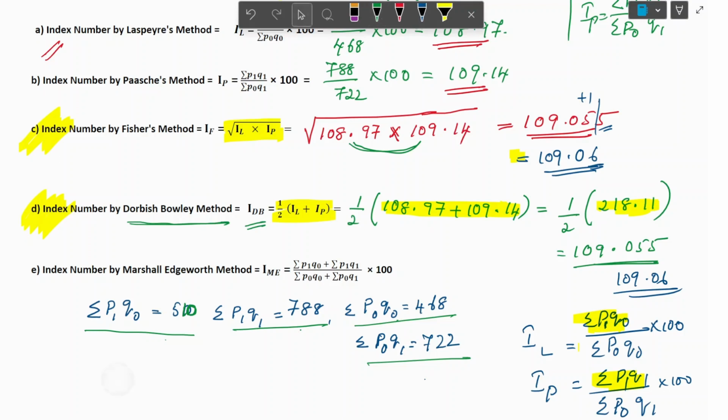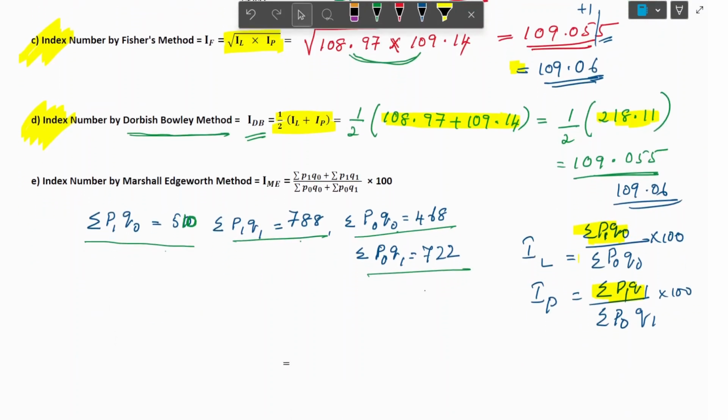Now we are going to substitute in the formula. Here I have written the values. Now substituting in the formula, IME equals 510, that is this value, plus P1 Q1, that is 788, whole divided by, now P0 Q0.